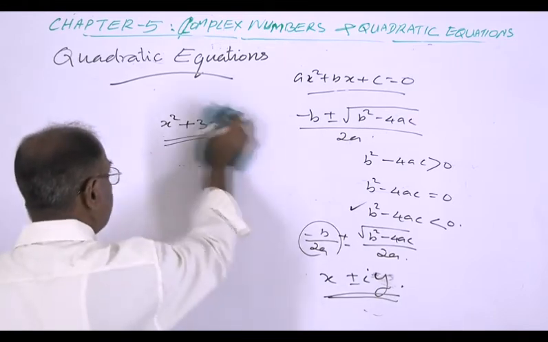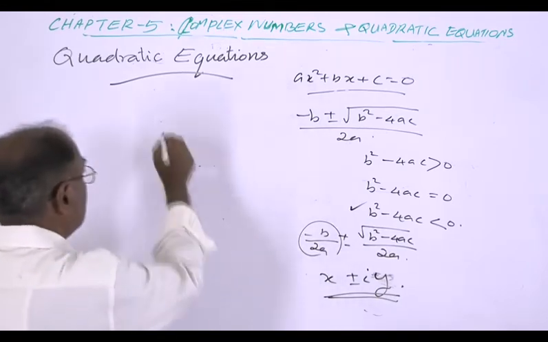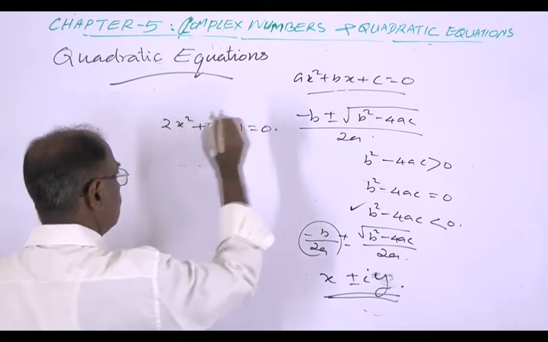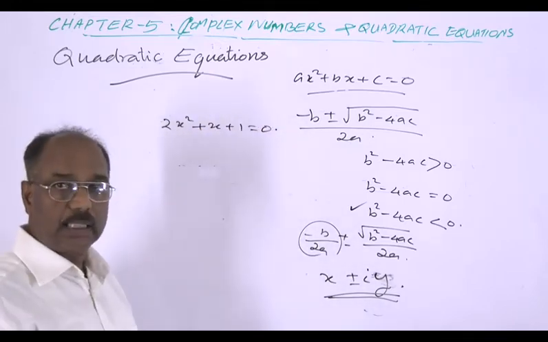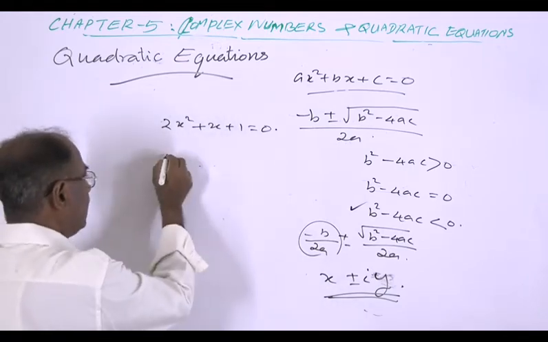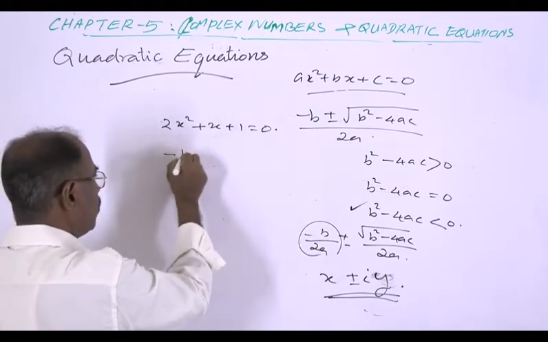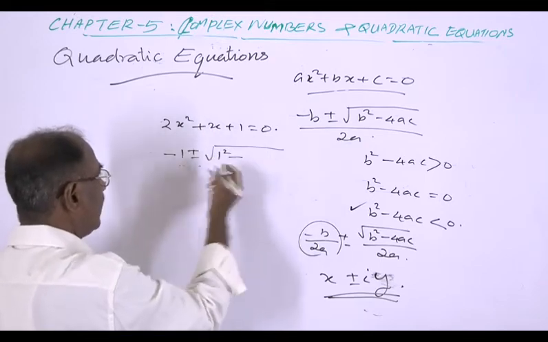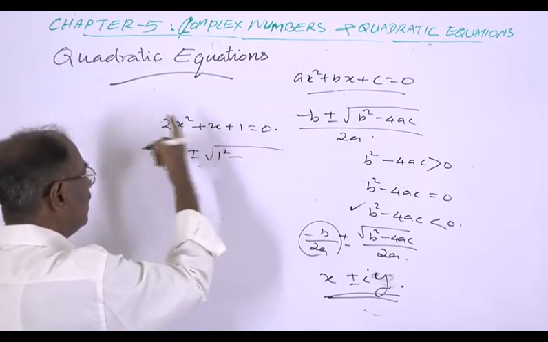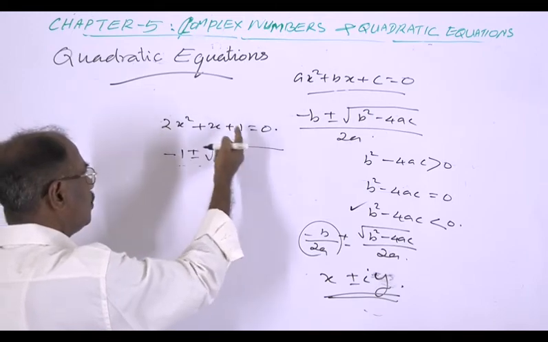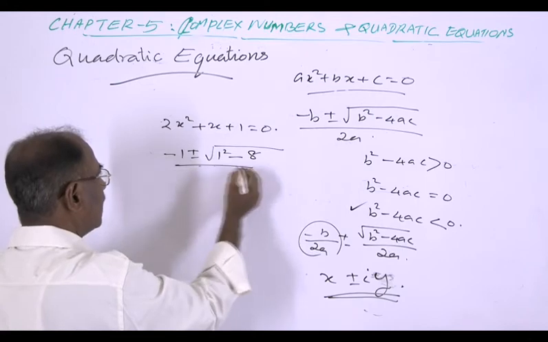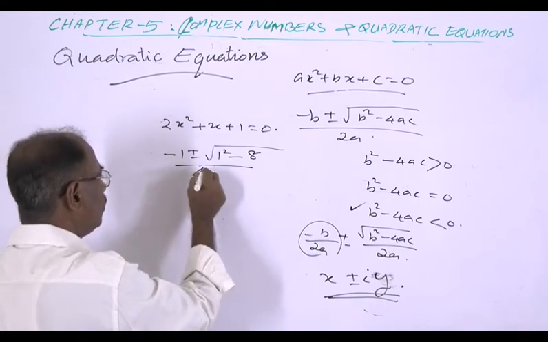So consider this equation, say 2x squared plus x plus 1 equal to 0. Then the roots are given by minus b, minus 1, plus or minus root of b squared, 1 squared, minus 4 into a into c, 4 into 2 into 1, which is minus 8, divided by 2 into 2, which is 4.